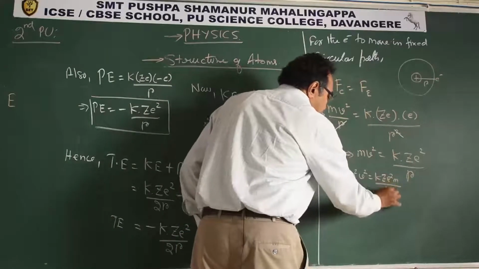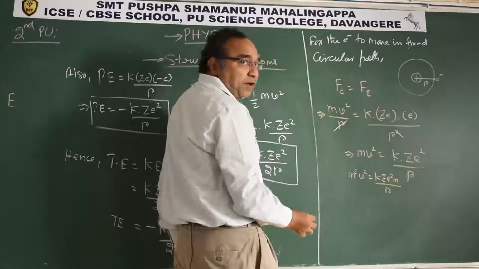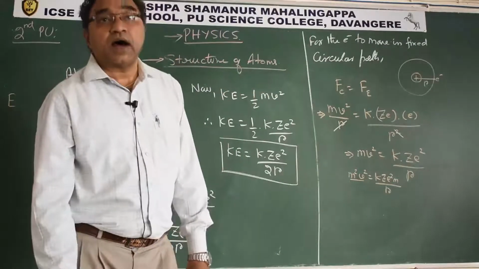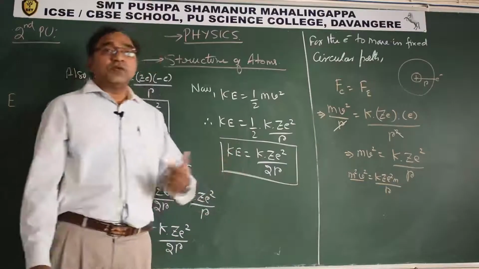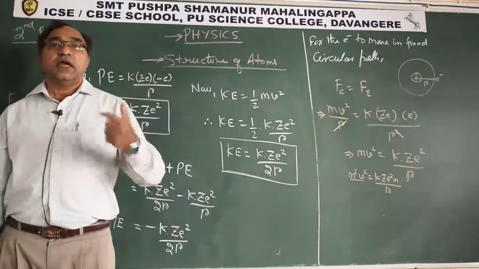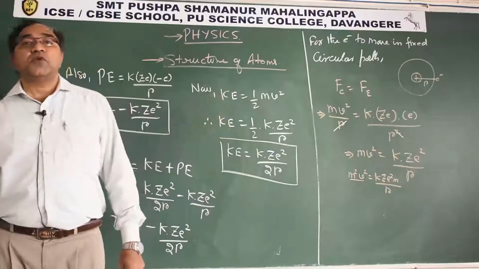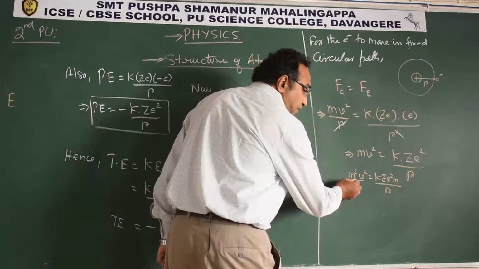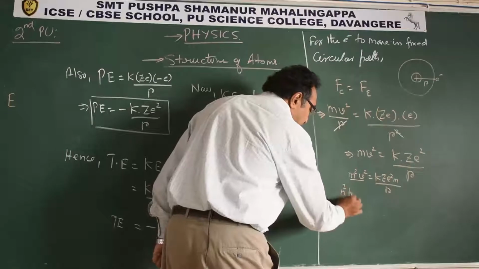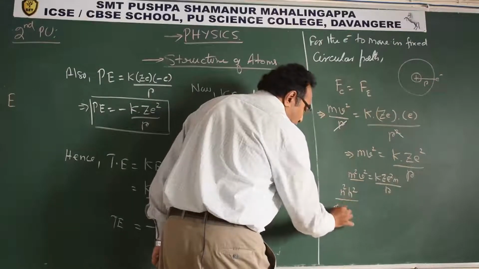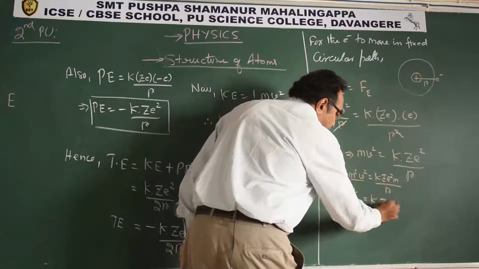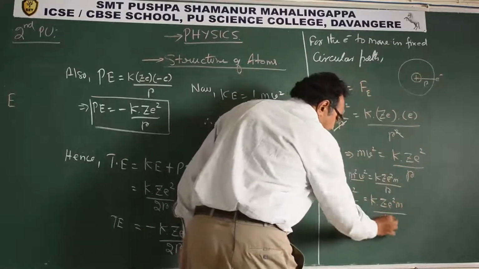So m square v square is nothing but mv whole square. We know mvr, the angular momentum postulate. Use the angular momentum postulate. mvr is nh upon 2 pi. So mv square is n square h square upon 4 pi square r square. This is k Ze square m by r.